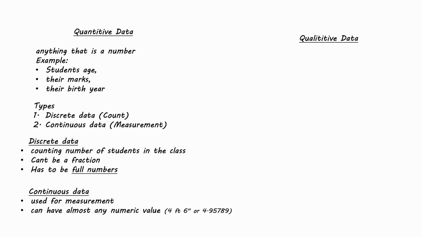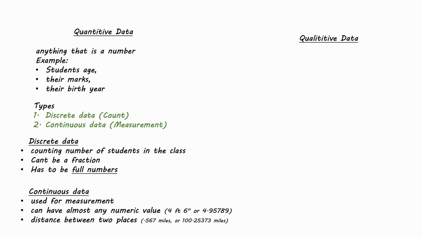A student can have a height of 4 feet 6 inches or 4.957889 feet. It can have any value and it does not have to be a whole number only. For example, the distance between two places again can be anything starting from 0, like 0.567 miles or 100.25373 miles. These are all examples of continuous data.